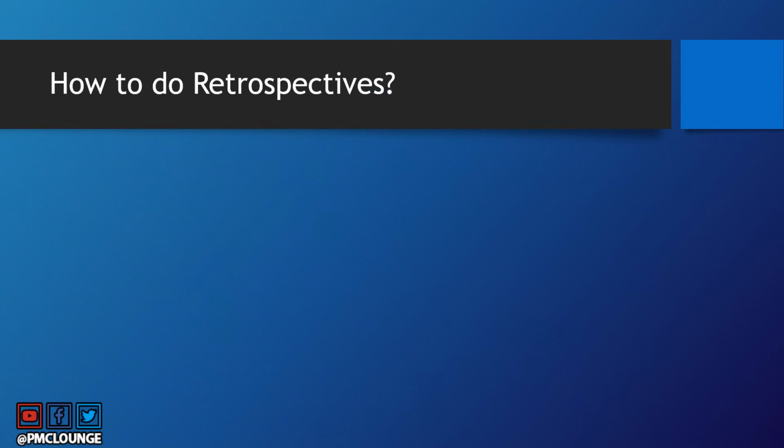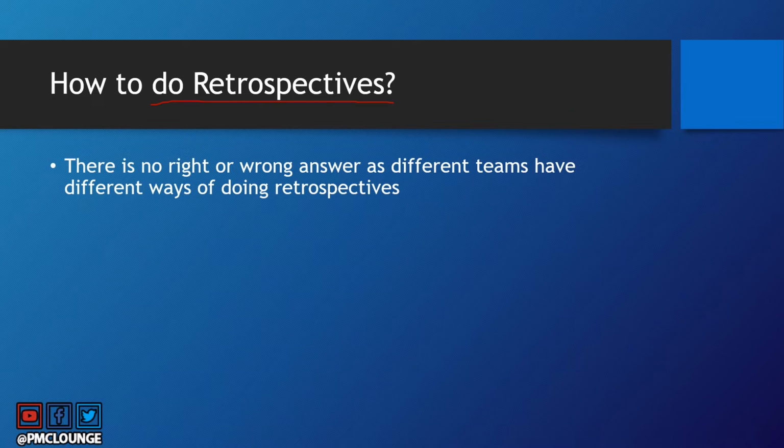So now that we have established that retrospectives are a great way for your team to improve, how do you actually go about doing them? There is no right or wrong answer here. There is no set standard, or a set model that can be copied over by all Scrum Masters to host retrospectives.